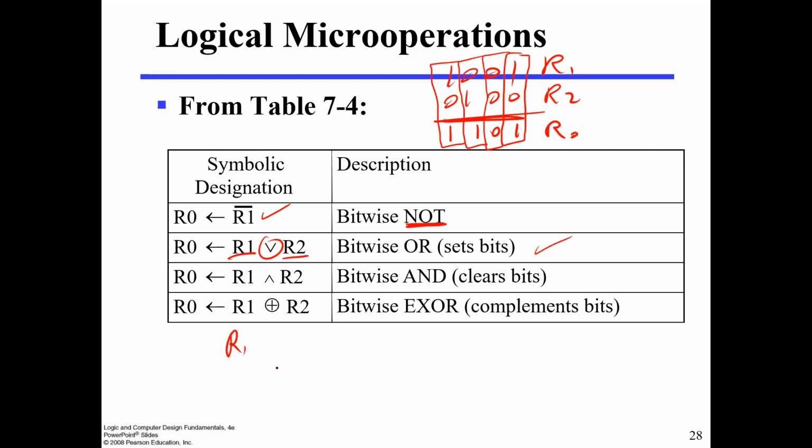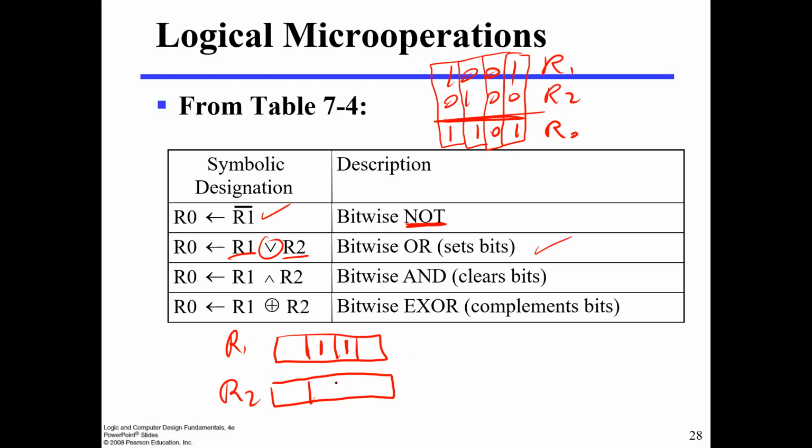Let's say R1 is my target register. Let's say R1 has certain bits. If I want to set the value of this bit as 1 and this bit as 1, regardless of what they were, I don't care what they were. The idea is that I want these two values in R1 to be 1.